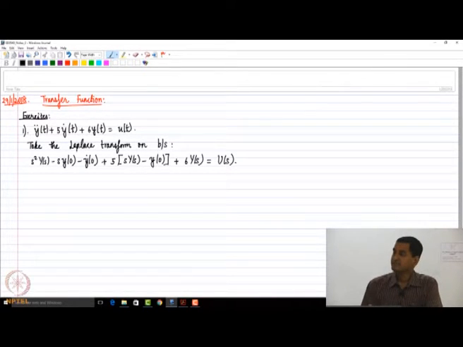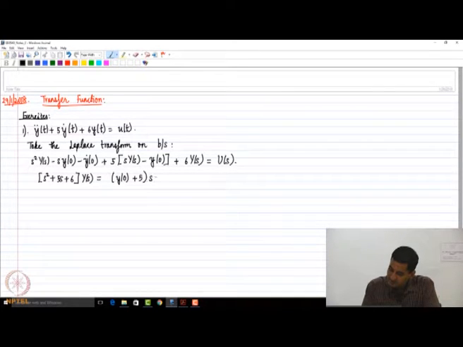So we collect terms, and we will get s squared plus 5s plus 6 times y of s equal to the initial condition terms plus u of s. Let me do it carefully.